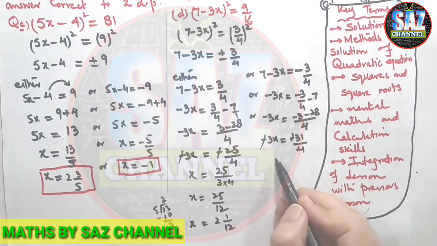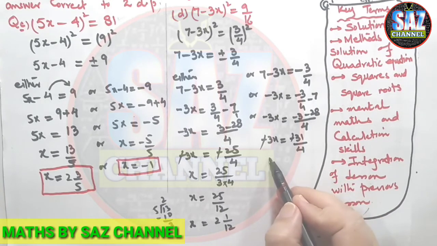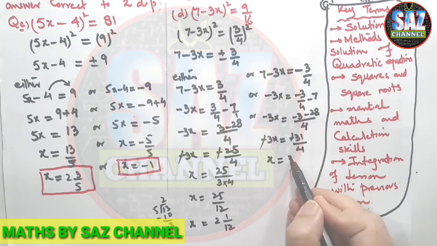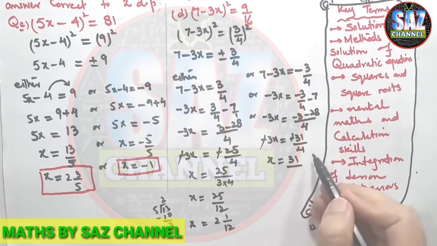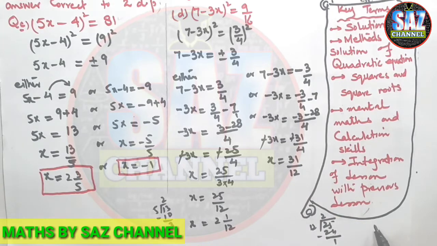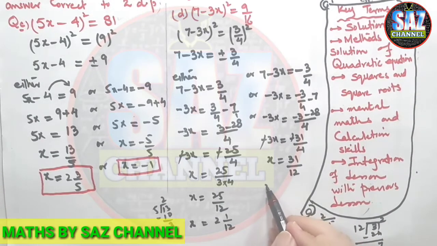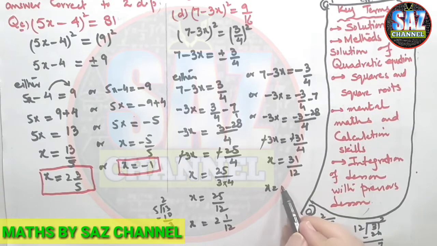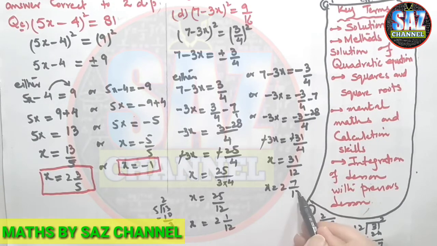Minus sign is same, so cancel them, and then x = 31/4 divided by 3. I have to shift this 3 to other side and it will become 31/12. Divide 31 by 12 carefully. 12 twos are 24 and 31 minus 24 is 7. So the other solution will be 2 whole 7 by 12.